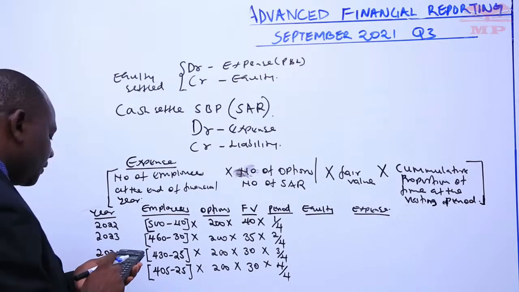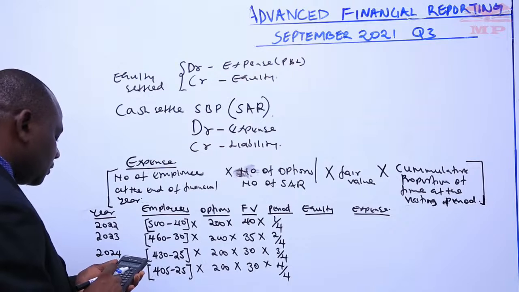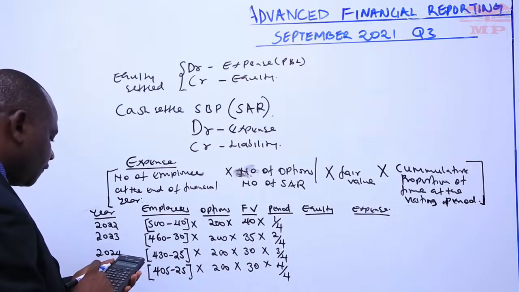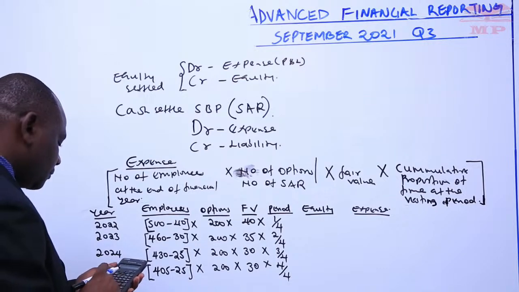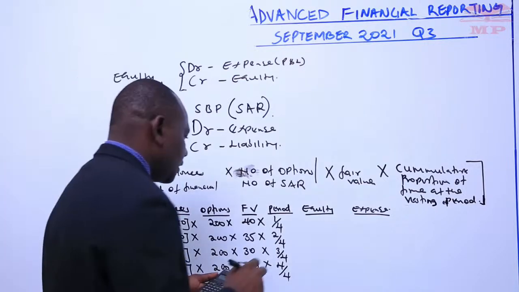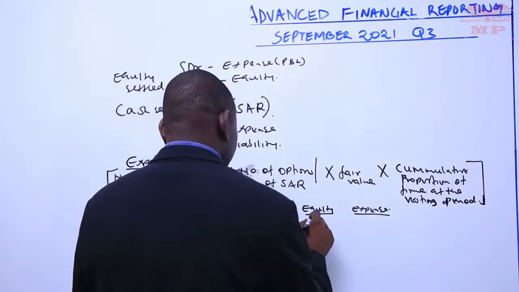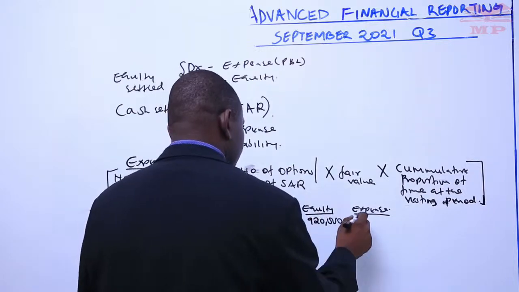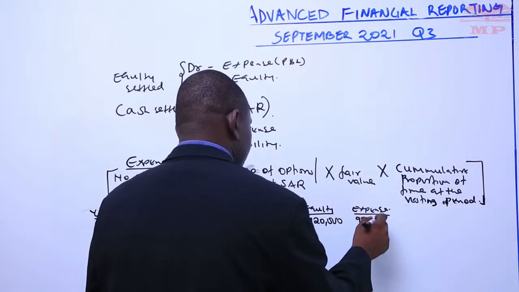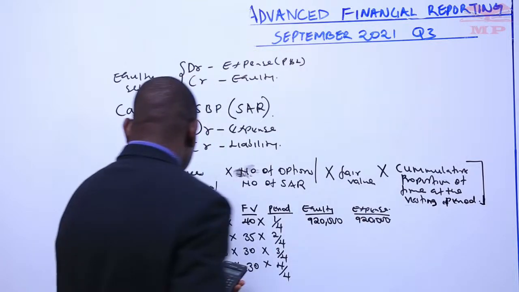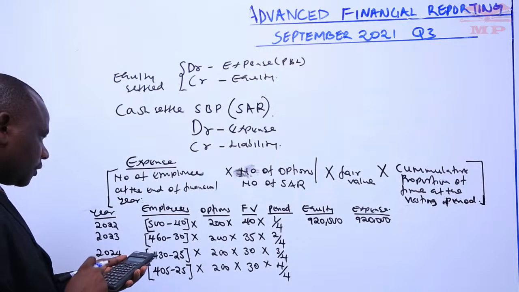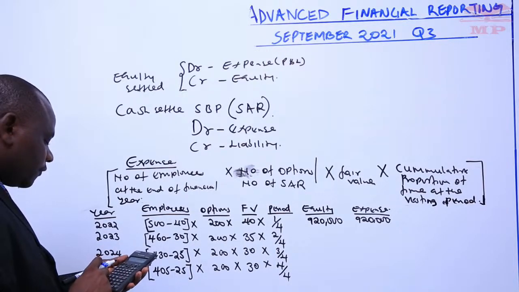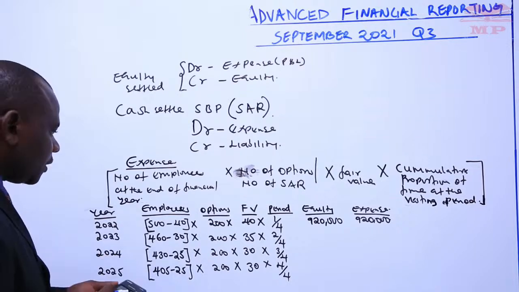So we can now calculate: 500 minus 40, times 200, times 40, times 1/4. So we have 920,000. Let's see, 500 minus 40, times 200, times 40, times 0.25. Okay, 920,000.